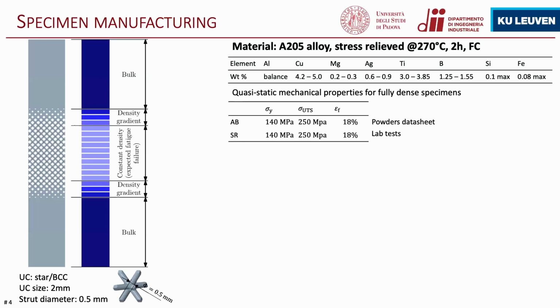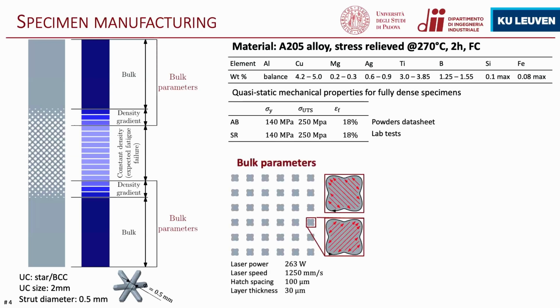The lattice samples were built using 2 different sets of process parameters that were developed by my colleagues at TU Leuven. So for the bulk portion, that is from the top to the end of the density gradient, where the lattice structure is quite thick, we use the more conventional scanning strategy where we do a contour scanning pass, followed by the zigzag in-field scanning with kind of high laser power density.